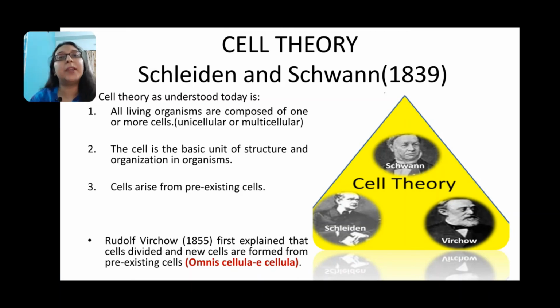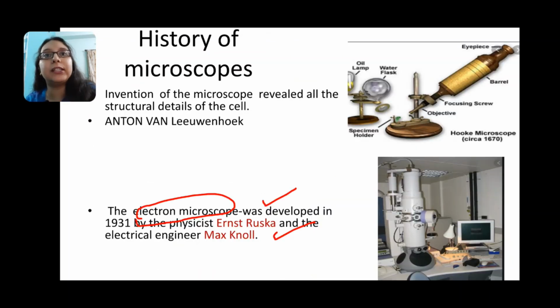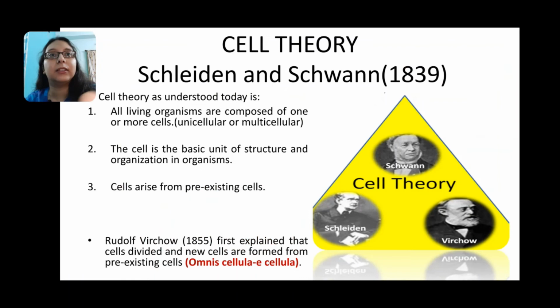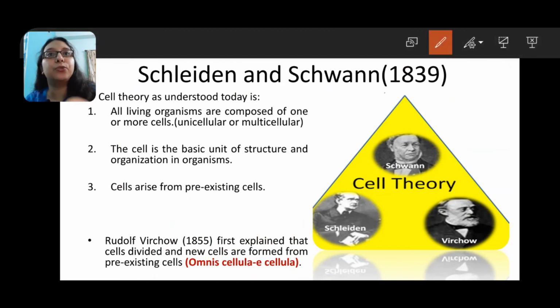That is, they may be unicellular or they may be multicellular. The second is, cell is the basic unit of structure and organization in organisms. And the third statement is that cells always arise from pre-existing cells. Now, this Schleiden and Schwann theory constituted of the first two statements.